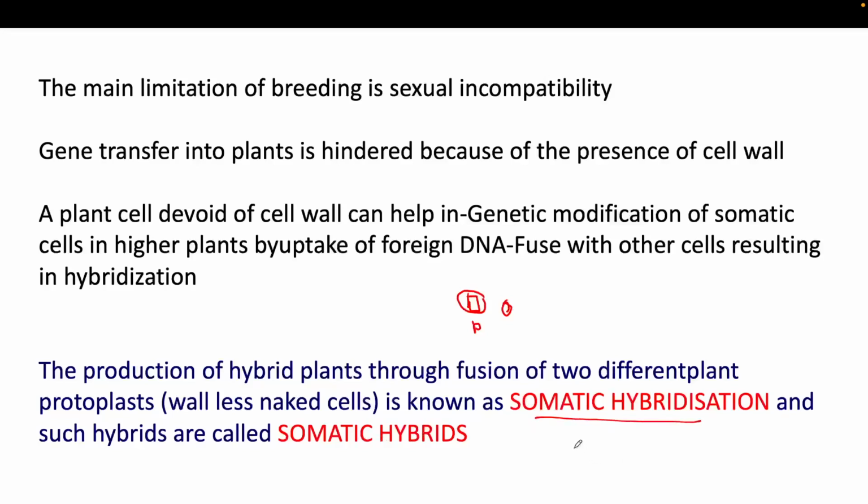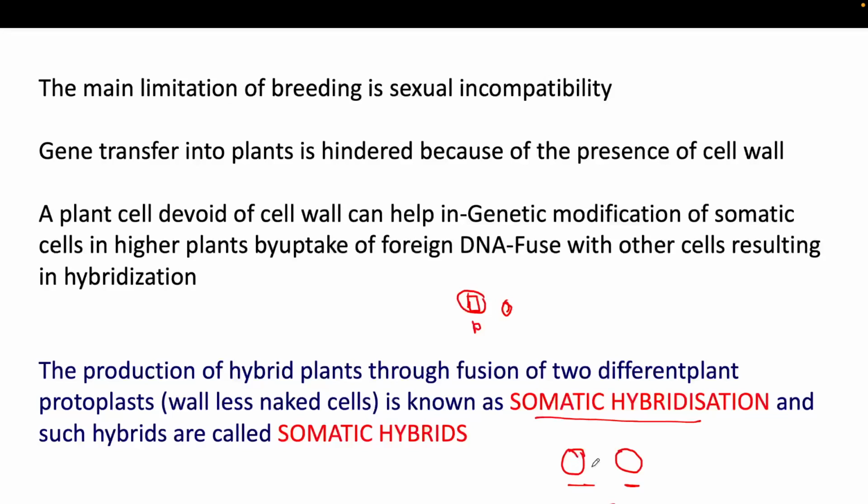Okay, so suppose this is one plant and this is another plant. This plant has some characteristic and this plant has some other characteristic, but you want your hybrid to have the characteristics of both plants. Because of the presence of the cell wall, it is not possible to directly fuse these two cells.